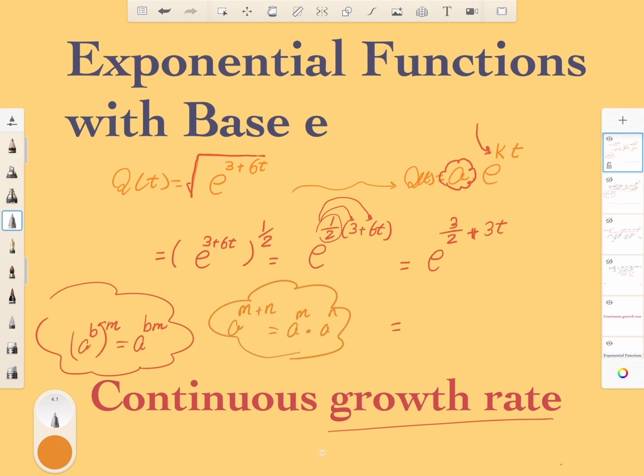So I'm going to break it down: e to the power 3/2 multiplied by e to the power of 3t. e to the power 3/2 is a number which will be our initial value, and k, the continuous growth rate, will be 3. I think that's enough.